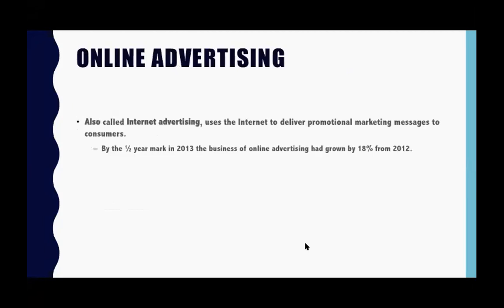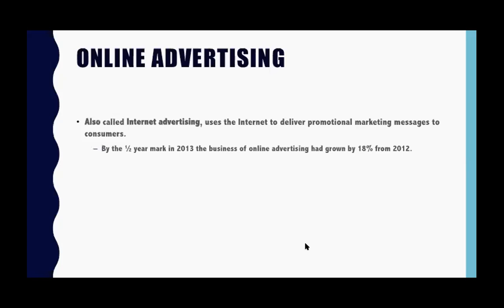All right, so online advertising. We're going to be talking about this because we are going to be doing an e-publication advertisement for assignment 2. It's a little different when you set up an online advertisement, digital versus print. It can also be called internet advertising, and it uses the internet to deliver promotional marketing messages to consumers.